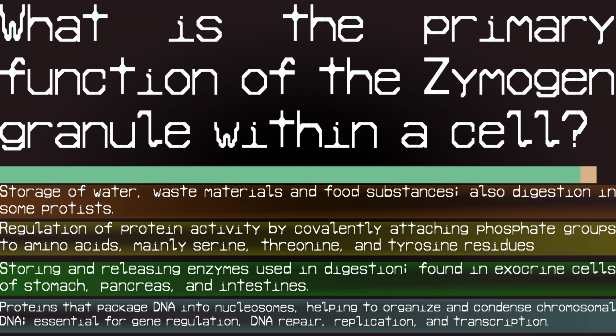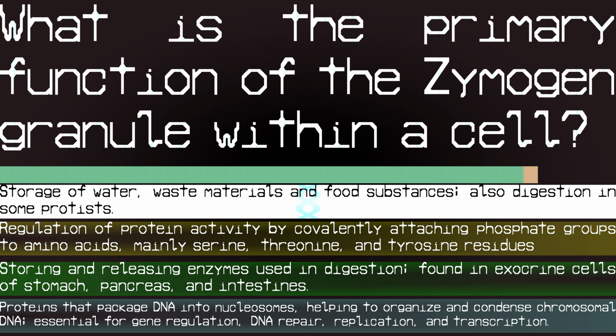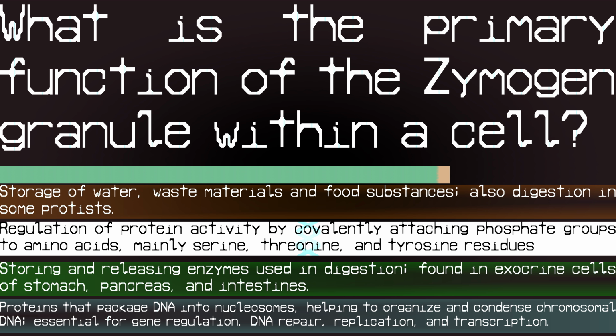What is the primary function of the zymogen granule within a cell? Storage of water, waste materials and food substances, also digestion in some protists. Regulation of protein activity by covalently attaching phosphate groups to amino acids, mainly serine, threonine, and tyrosine residues.